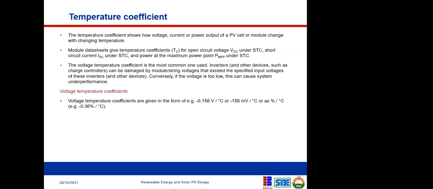However, I must state that the reference temperature here is the temperature at standard test condition, which is 25 degrees centigrade. So if you move higher from 25 degrees centigrade, you lose this amount of voltage.